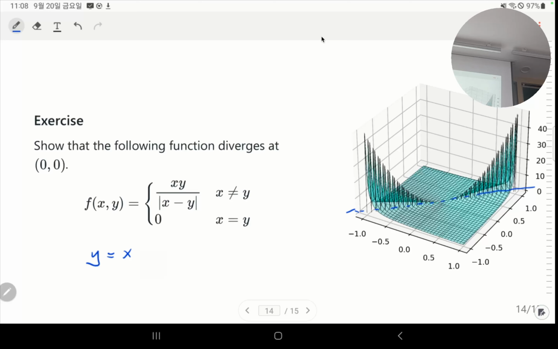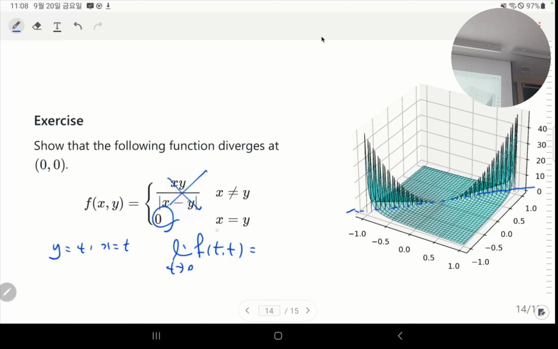If I follow this path, then the limit is 0. If it's convergent, then it has a limit. So if I follow the path of y equals x, that means x is t and y is t. I'm taking t to 0, taking t and t for x and y. In this case, I'm not using this formula.